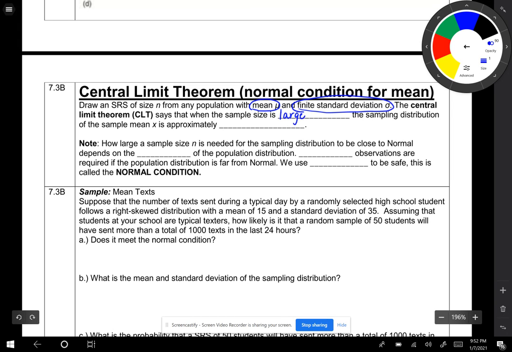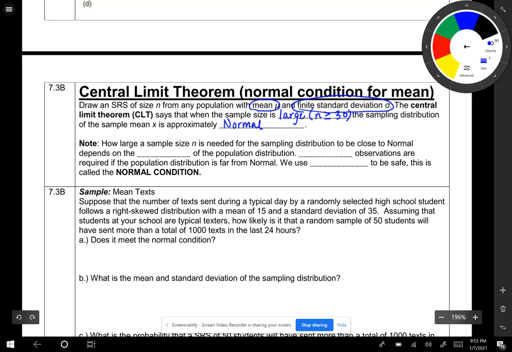So in statistics, what is considered large enough to meet the normal criteria for means is n has to be greater than or equal to 30. The sampling distribution of the sample mean would be then approximately normal.